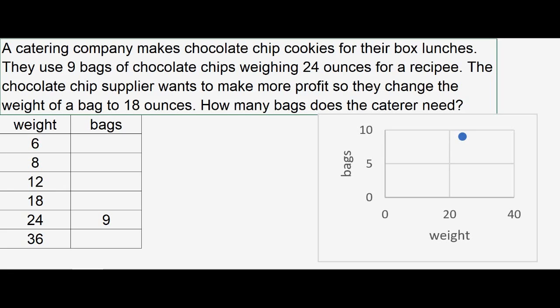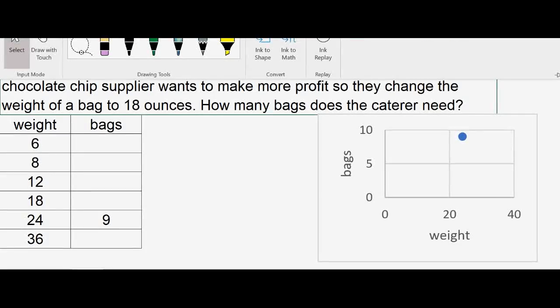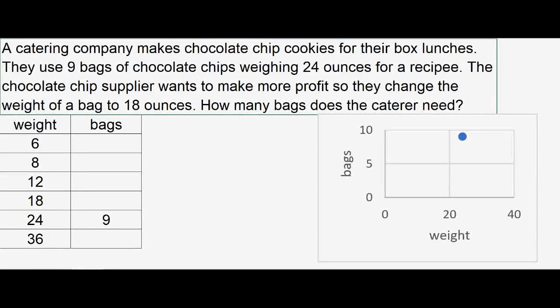Now that you've thought about that, my experience has been most people will say, I need 9 times 24 chocolate chips, or ounces. 9 times 24 equals 240 minus 24. I need 216. I hope that's right.